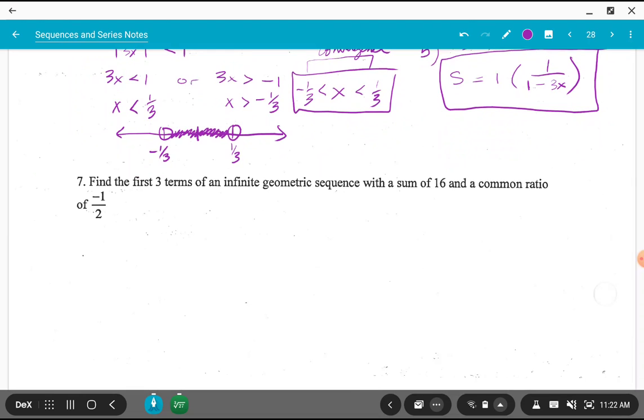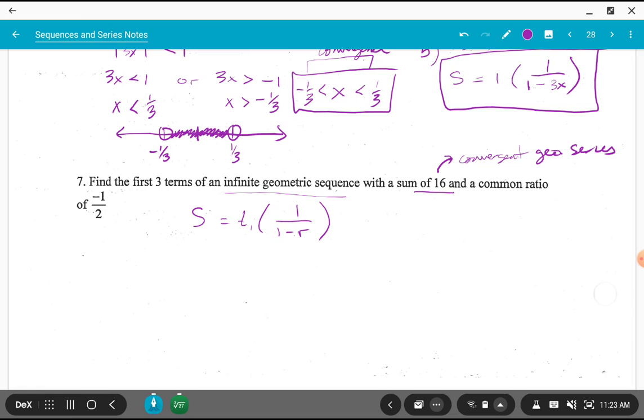Let's go on to our last problem here. Number 7. Find the first 3 terms of an infinite geometric sequence with a sum of 16 and a common ratio of negative 1/2. If we know it is an infinite geometric sequence and it has a sum of 16, that's telling us that this is a convergent geometric series, in the form S equals term 1 times 1 over 1 minus r.